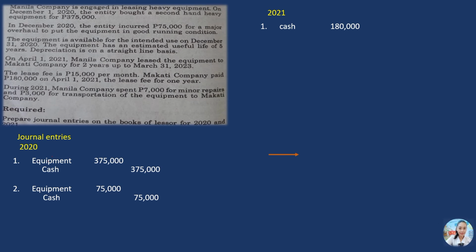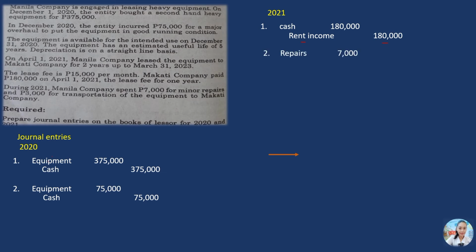In the books of the lessor, Manila Company, it will recognize cash of 180,000, the rental payment of Makati Company for 1 year. So debit cash 180,000, and the credit would be rent income of 180,000. Okay.